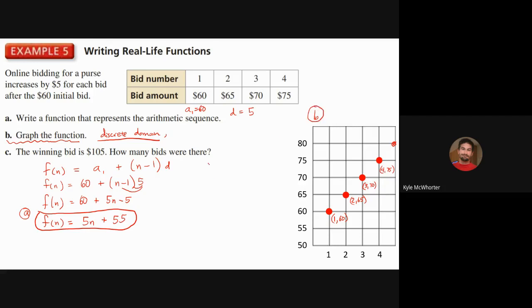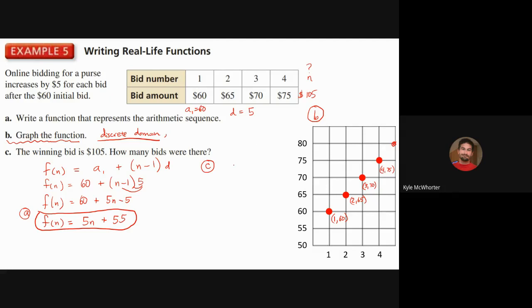So for part C, the winning bid is 105. How many bids were there? So for the winning bid to be $105, we need to find out what was n, right? So we're going to plug 105 in for the f of n, and then figure out what n had to be.